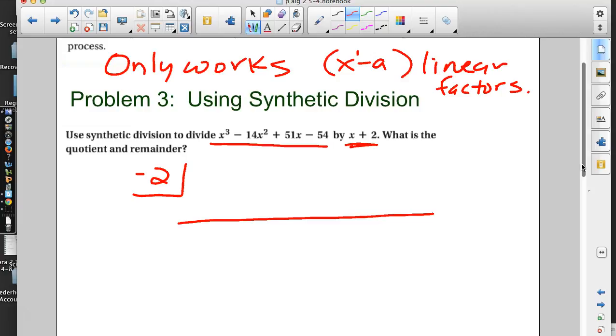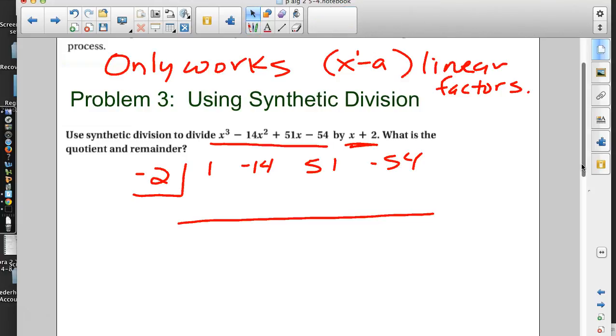If something's missing, we have to put a 0 in for it. So third power, the next one better be a 2, or we're going to need a 0. 2, 1, 0. All of them are there. But we don't use the x's, we just take the coefficients, the numbers in front. So this is a 1x cubed, a negative 14x squared, a 51x, and minus 54.